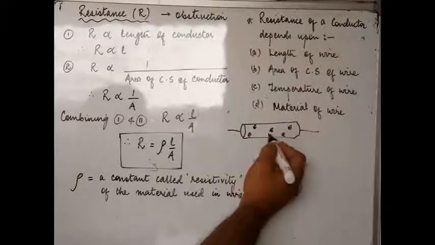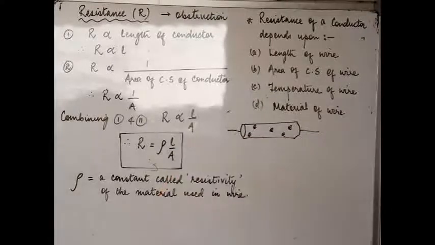For ease of understanding, I am only drawing 5 or 6 electrons, but obviously you all understand that any given piece of conductor or wire will have thousands and millions of free electrons available to move.